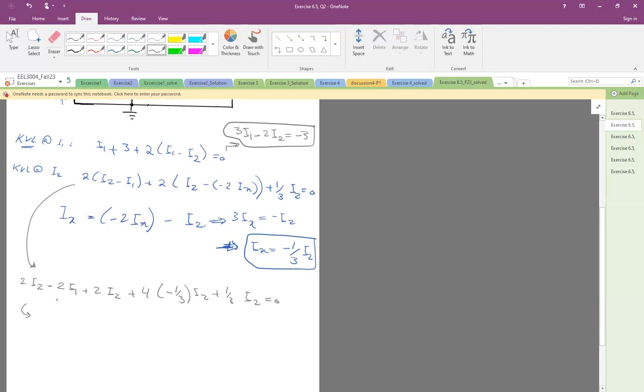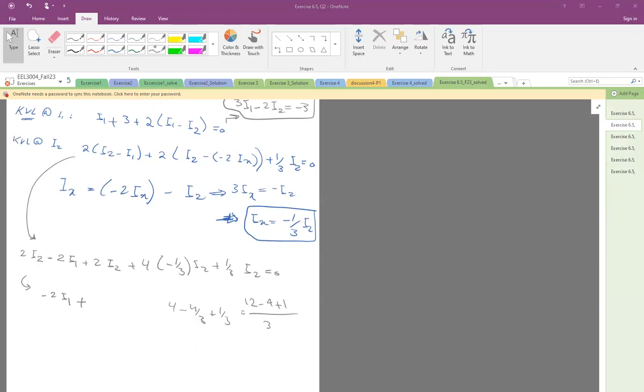So that gives me negative 2I1 plus 2 plus 2, 4. And then here we have minus 4/3 plus 1/3. So let me double check my math.